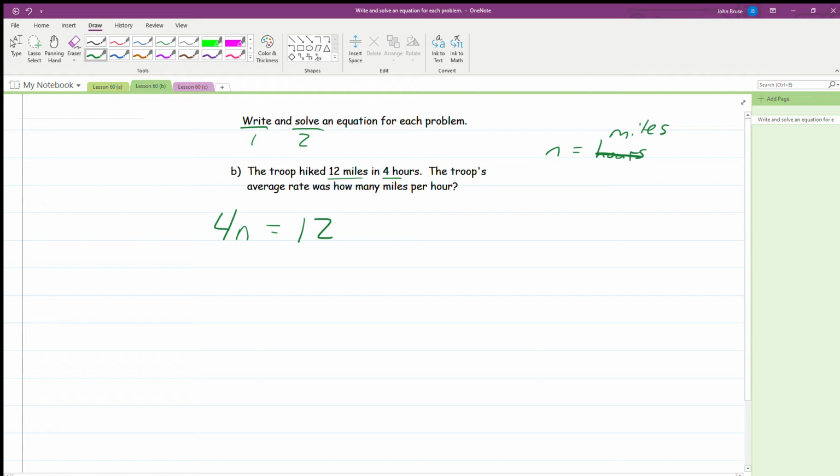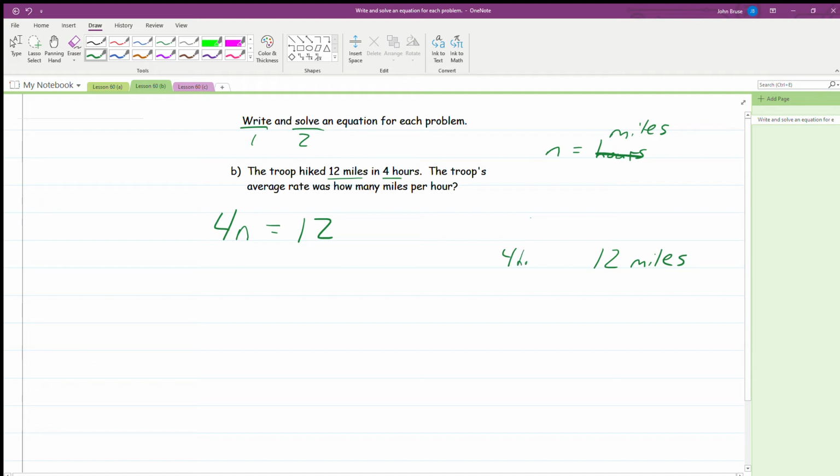So we can say something like in 4 hours times our miles. Well, in 4 hours we've got 12, right? Let me back this up here a little bit. So we know that we've got 12 miles after 4 hours.